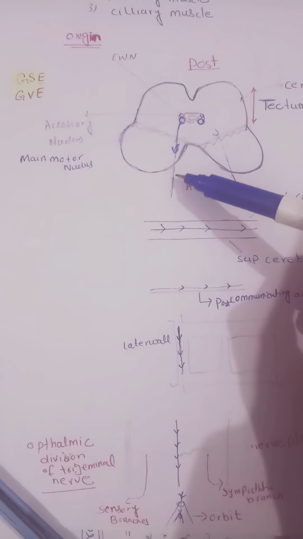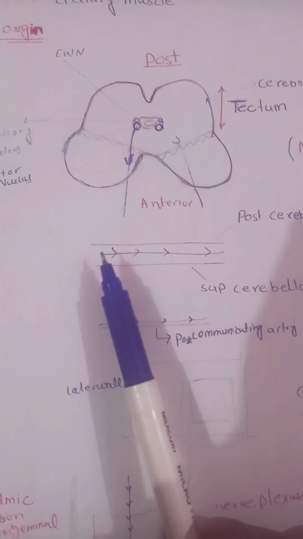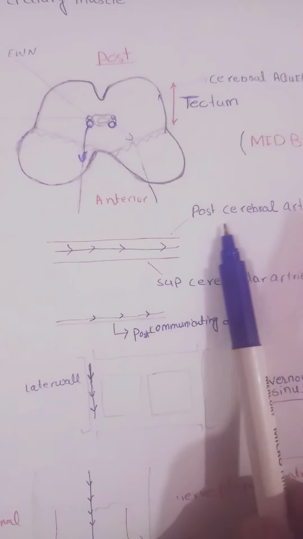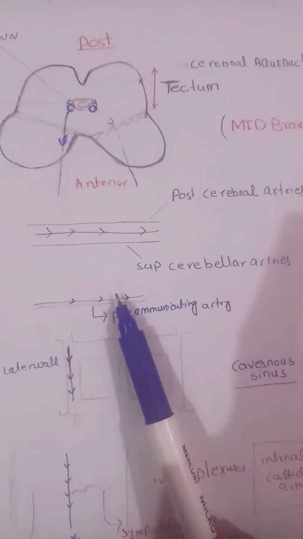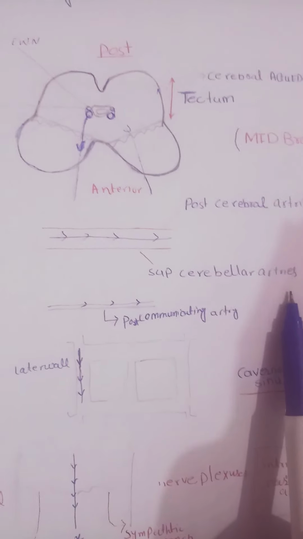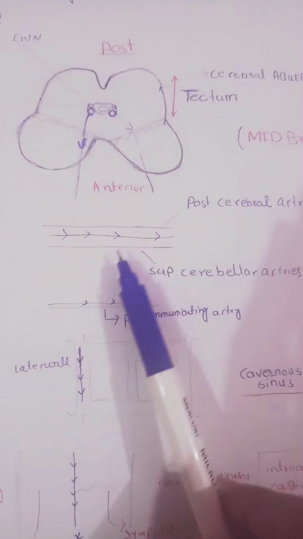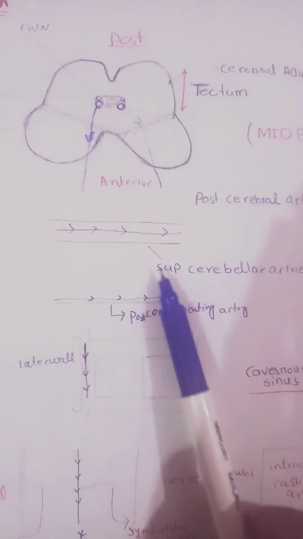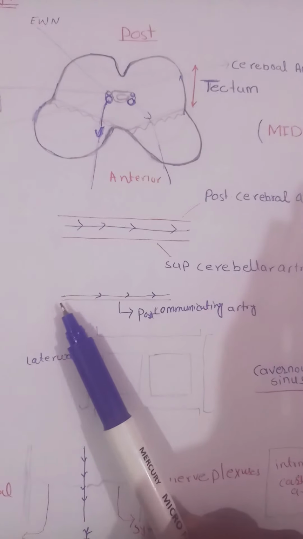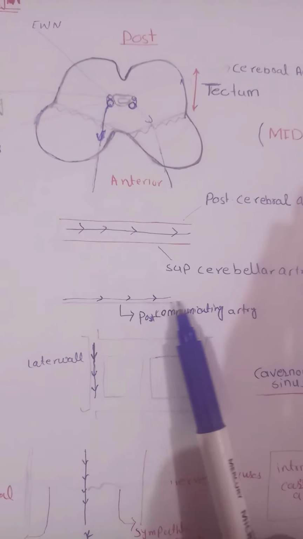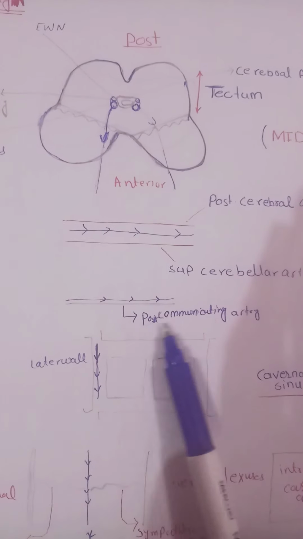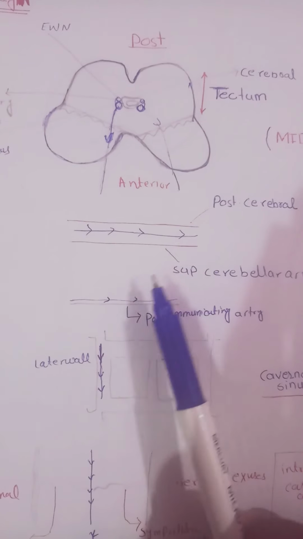After passing through the peduncle, it runs forward and passes between the posterior cerebral artery and the superior cerebellar artery. After passing between these two arteries, it runs forward with the posterior communicating artery.